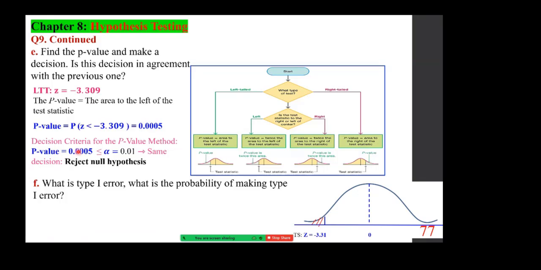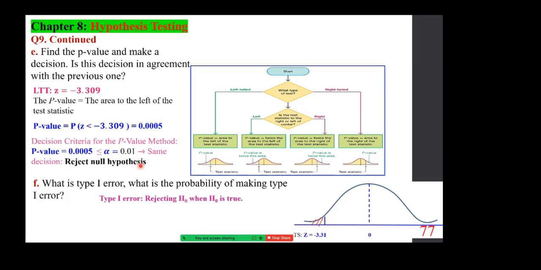In any event, the p-value compares the area to the left of your test statistic, because it was a left-tailed test, to alpha. Since it's less than that, we come up with the same decision. What was the decision? Reject the null hypothesis. So there is nothing brand new. We should get to the same result.